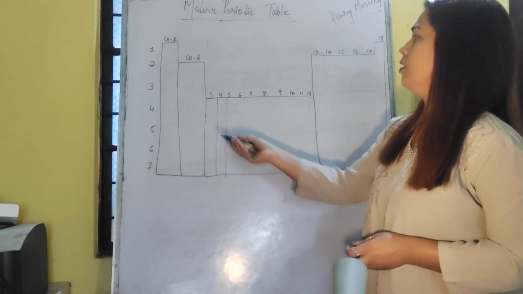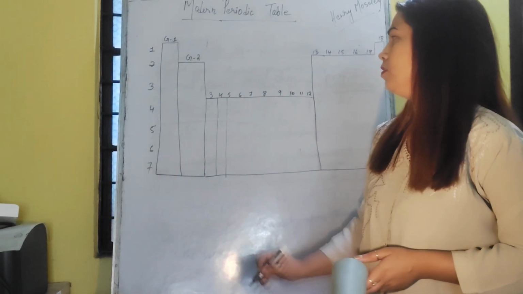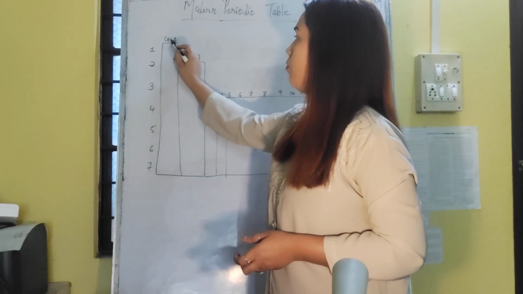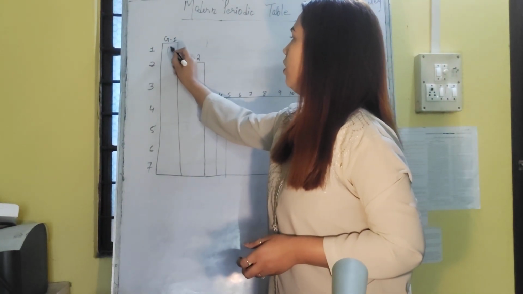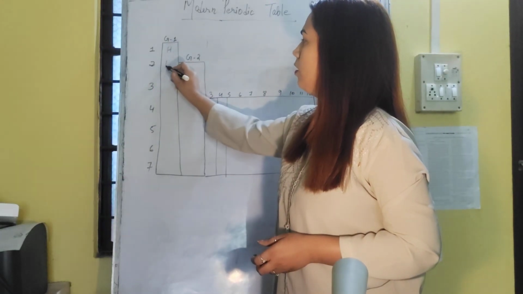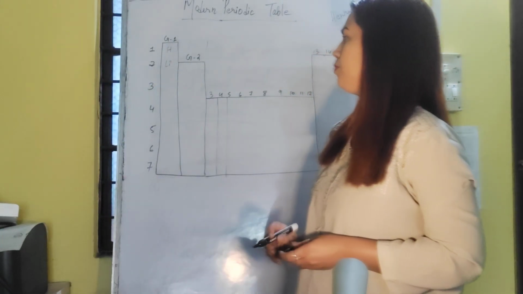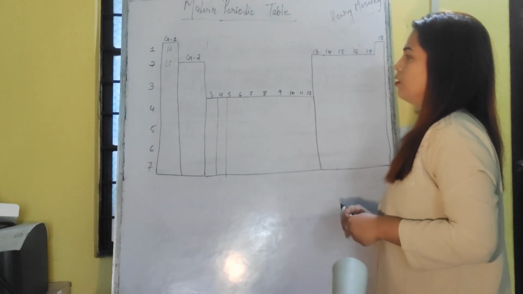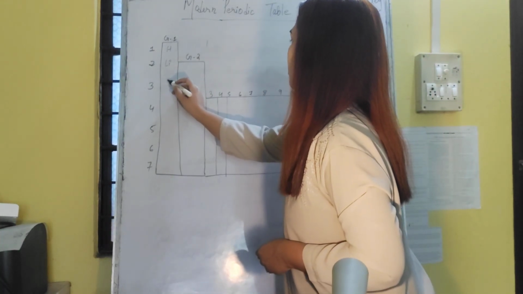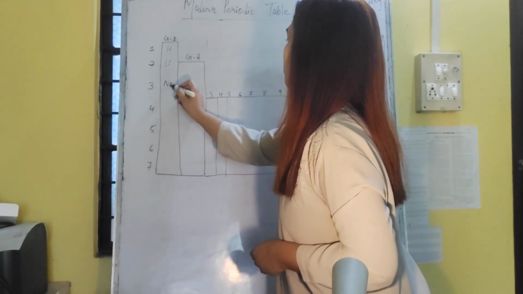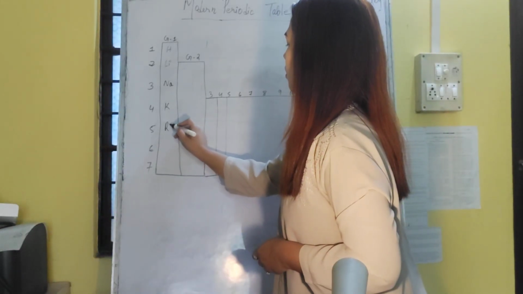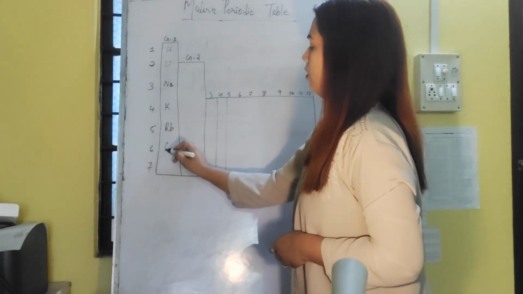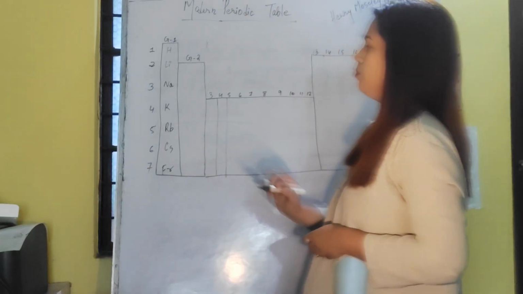I am writing the name of a few elements just to make it understood. So the first element in the modern periodic table was hydrogen. Hydrogen, lithium, sodium, potassium, rubidium, cesium and francium.